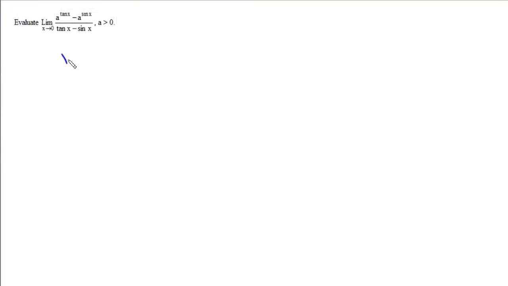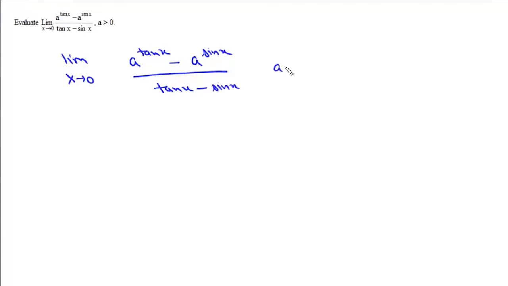Now here the question is, this limit x tends to 0, a to the power tan x minus a to the power sin x upon tan x minus sin x when a is greater than 0.